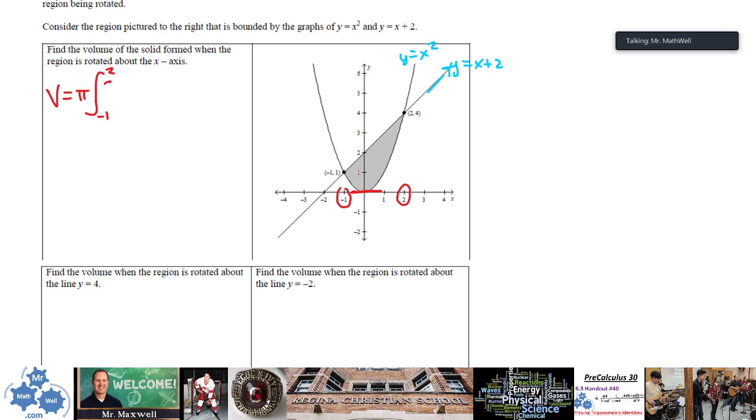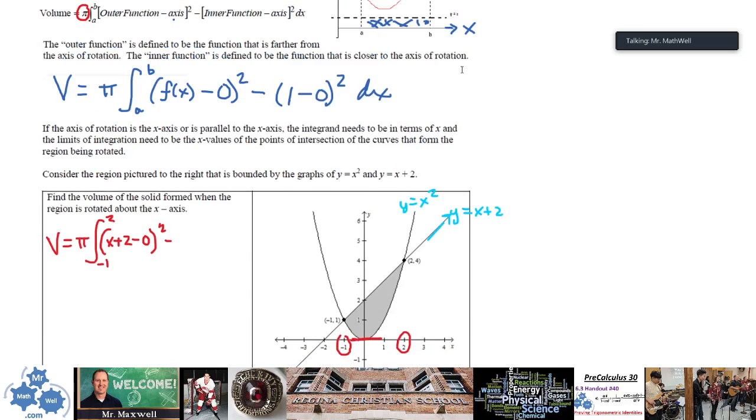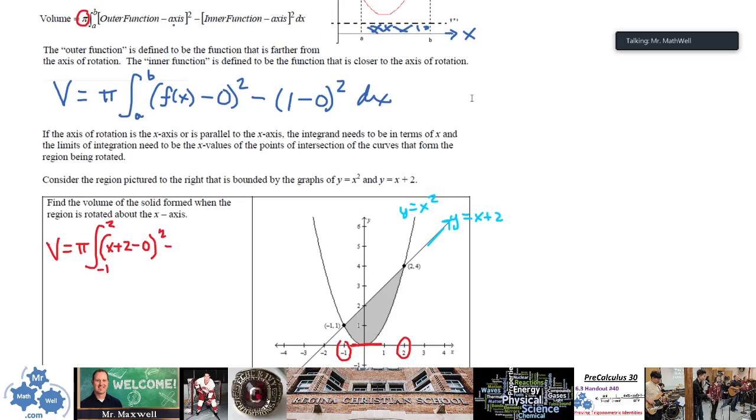So we've got x plus 2 minus the axis of rotation, which is y equals 0, and we have to square that. Again, we're just following the format up here, at the very top. And so minus x squared minus 0, where 0 again is the axis we're rotating around, squared, dx.